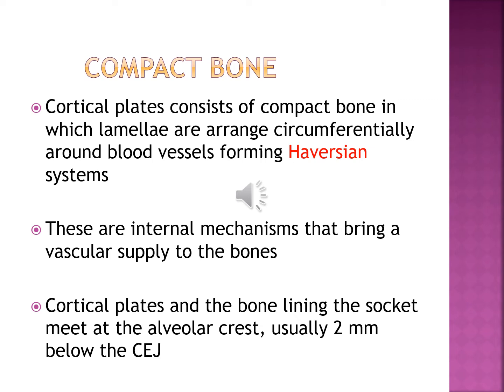So these cortical plates consist of compact bone, which is hard, and in it you can see the Haversian system. The Haversian system carries the blood vessels. They are the internal mechanism that brings a vascular supply to the bone.